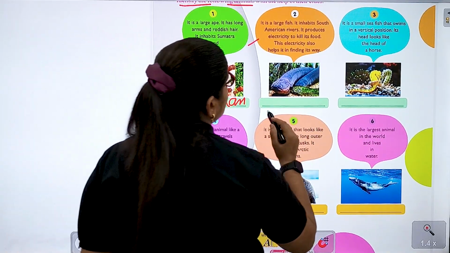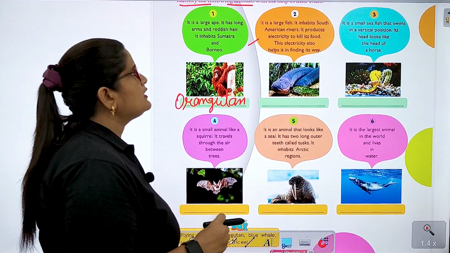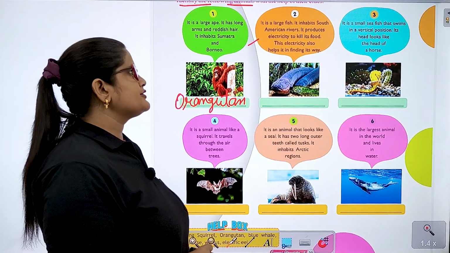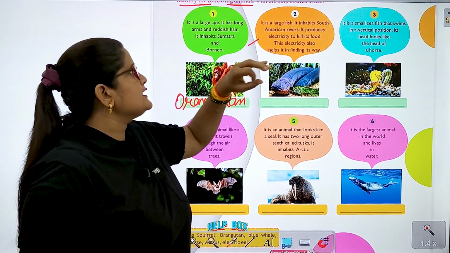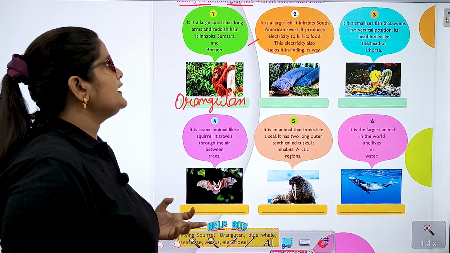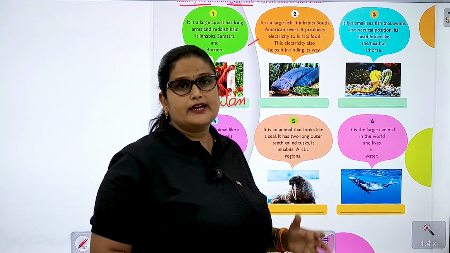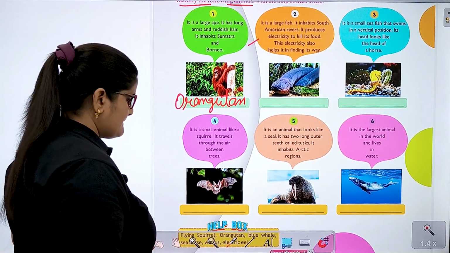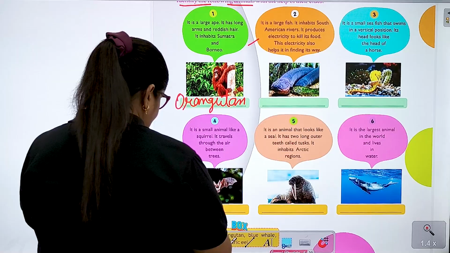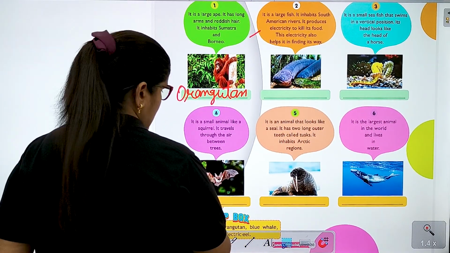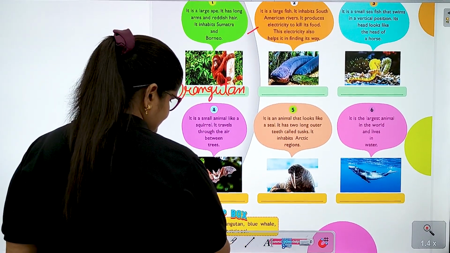It is a large fish. It inhabits South American rivers. It produces electricity to kill its food. This electricity also helps it in finding its way. Electric eel.